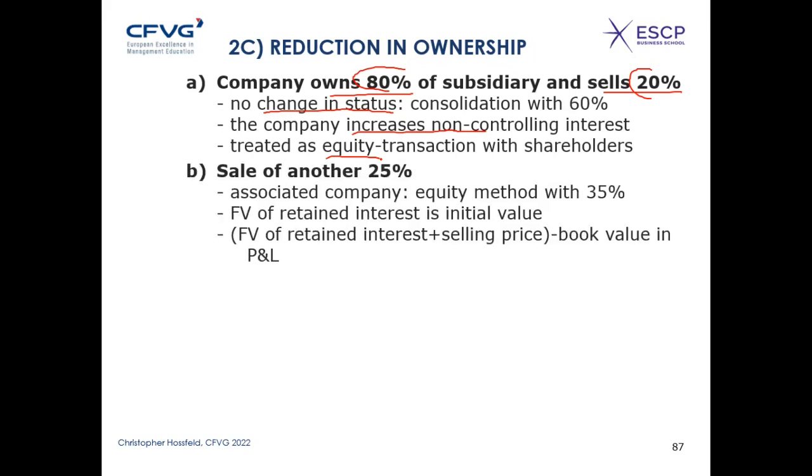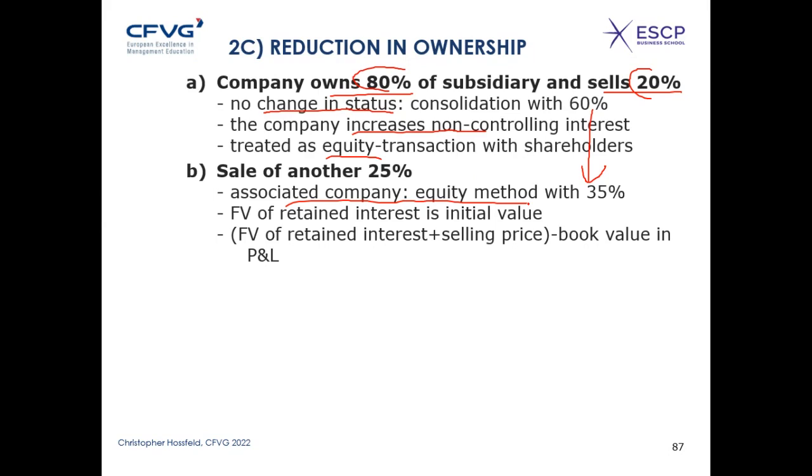Then I sell another 25%, and that means now we change the status because I go from 60 down to 35%. With 35%, the investee company is only an associated company now, and we use the equity method. That's the same thing. Okay, I sell the 25%, but when you're selling something at a certain price, you make a profit or a loss.